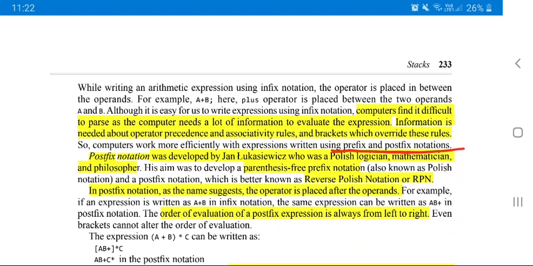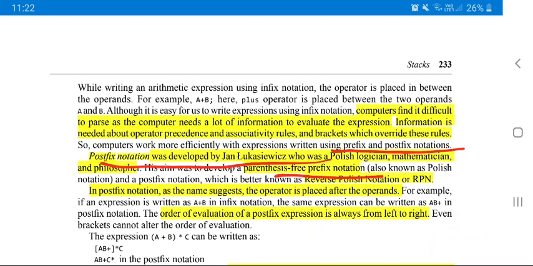And what is postfix notation? It was developed by Jan Lukasiewicz, who was a Polish logician, mathematician and philosopher. His aim was to develop a parenthesis-free prefix notation. That means in prefix and postfix notation there won't be any parentheses. When parentheses, associativity rules and precedence rules come in, the computer finds it very difficult to evaluate the expression.